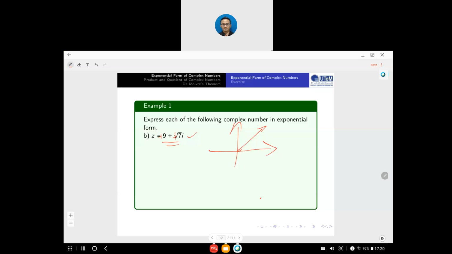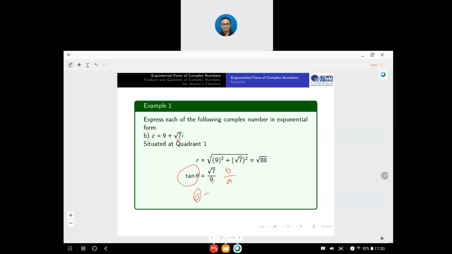Now you need to find what is r. r equal to square root of 9 square plus square root of 7 square. So you can get square root of 88. And then you can find the tangent. Tangent theta equal to b over a, whereby your b equal to square root 7, your a equal to 9. And then you can get theta equal to tangent inverse square root 7 over 9.